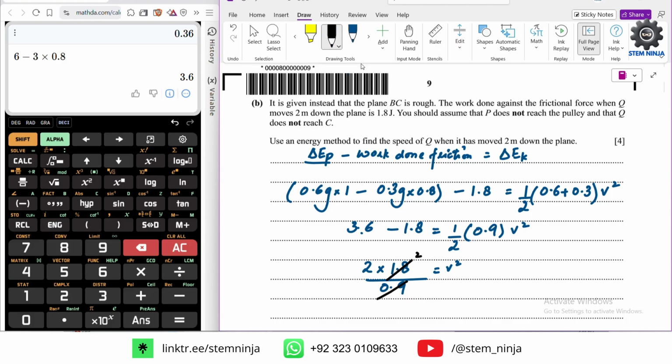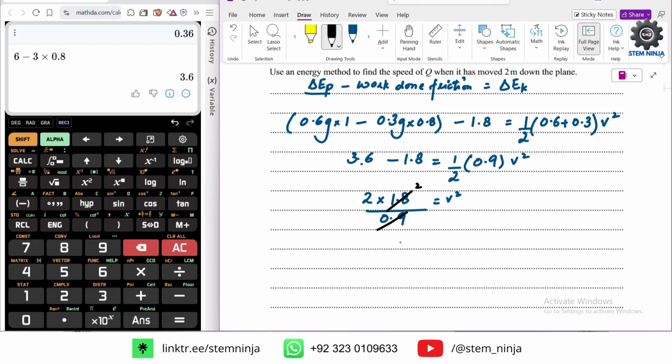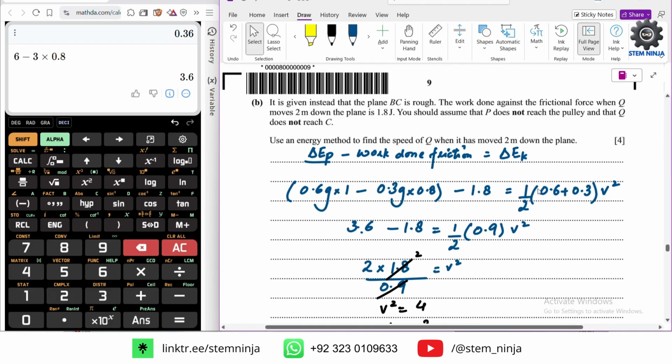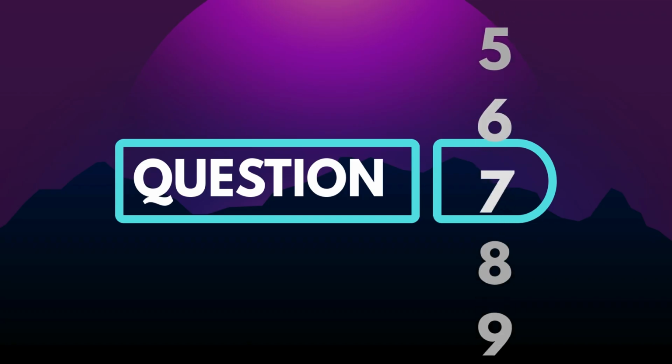This is simple, times 2, so v squared is 4, therefore v is just 2. And that's about it for this question. Let's move on to the next one.